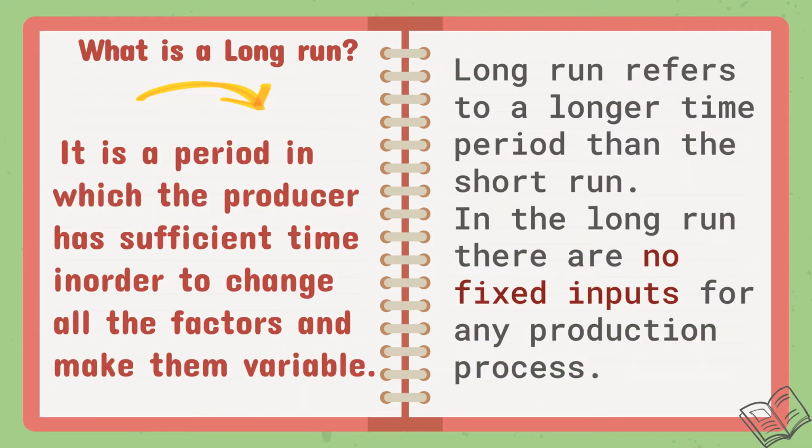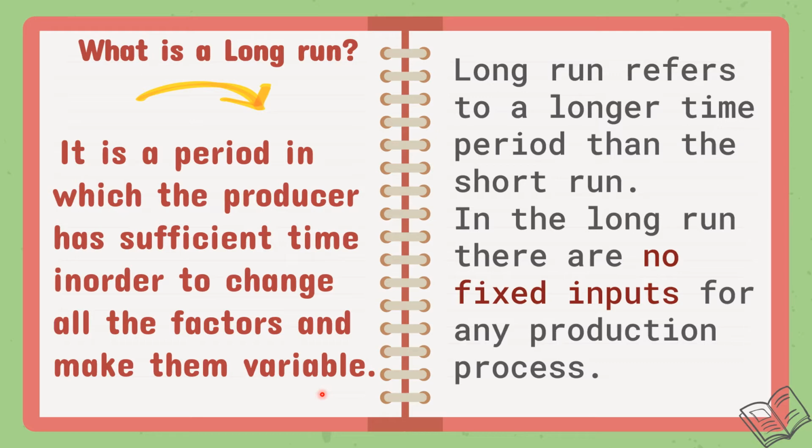Now let us study what a long run or a long period is. It is a period in which the producer has sufficient time to change all the factors and make them variable. So unlike the case of the short period, where some factors were kept fixed and the others were able to change, in the long run there is nothing that is going to be fixed.